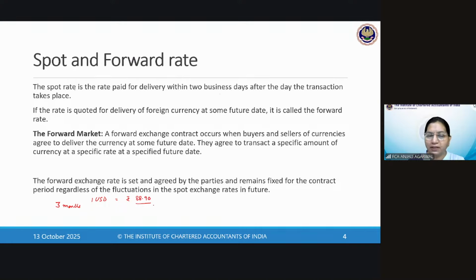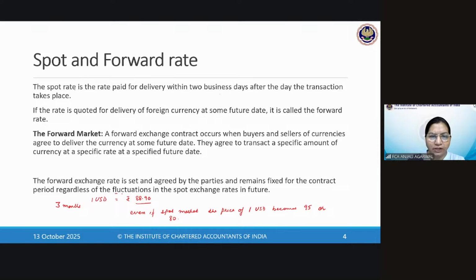It will remain 88.90 even if in the spot market the price of the dollar becomes 95 or 80.